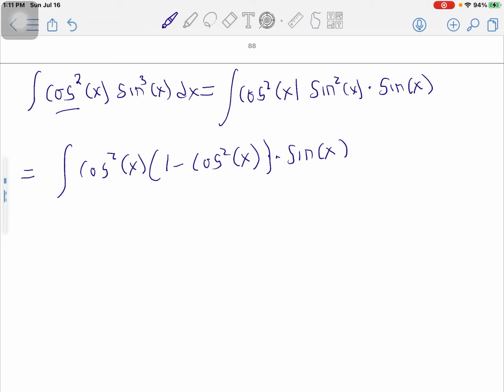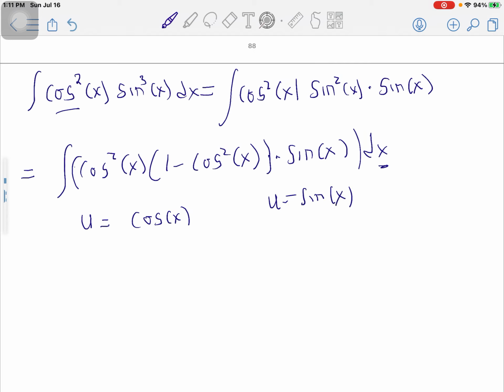In this case, we can make use of the u substitution. Let u equal cos of x. When we differentiate it, remember that everything is in dx, we will get sine, and that sine will help us eliminate this one when we do the dx substitution over here.